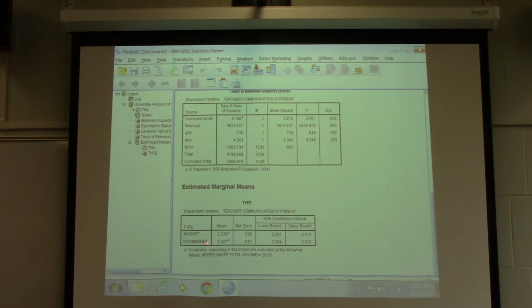Adjusted non-magnet parent-teacher communication mean is 2.45. And those are statistically different. They are adjusted for your covariate, in this case, a single covariate. So I would conclude non-magnet schools have greater parent-teacher communication than magnet schools after controlling for differences in parent income.